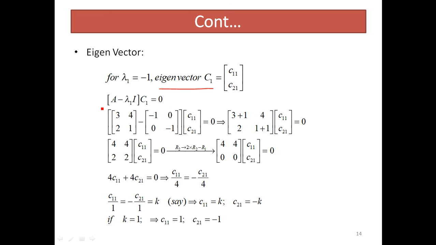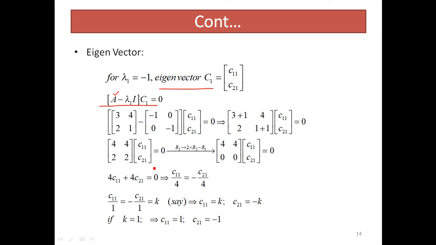According to the concept of eigenvector, the expression A minus lambda 1 I into C1 should be equal to 0. This is the condition. So put in the value of A, lambda 1 equal to minus 1, and I the identity matrix, with C1 the eigenvector corresponding to lambda 1 whose elements are C11, C21.